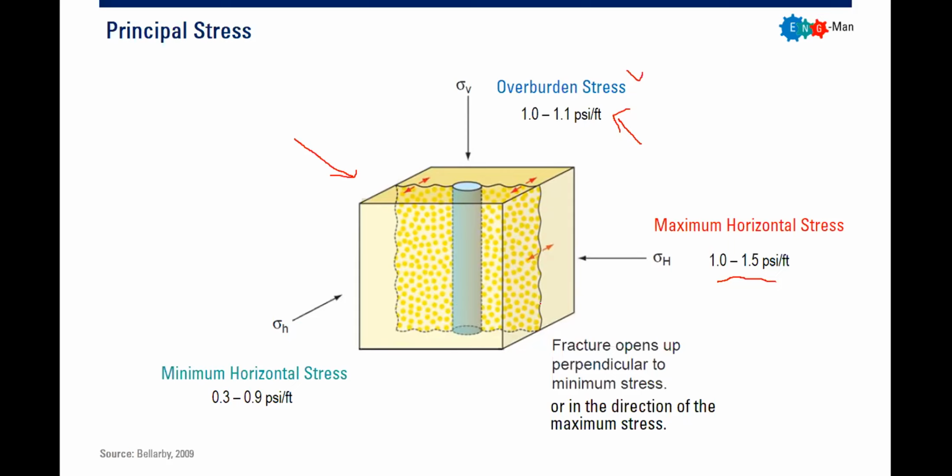And you can see the picture of the fracture. You can see this fracture opens up perpendicular to minimum stress. So if the direction of minimum stress is from south to north, then the propagation of the fracture will be east-west, because east-west is perpendicular to north-south.